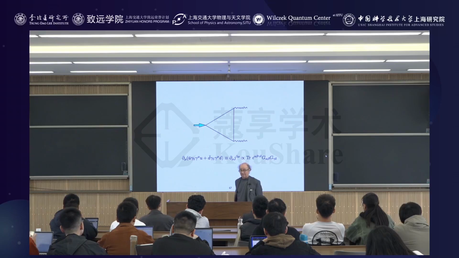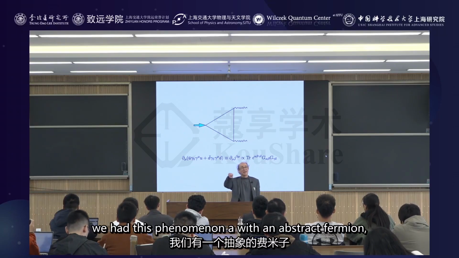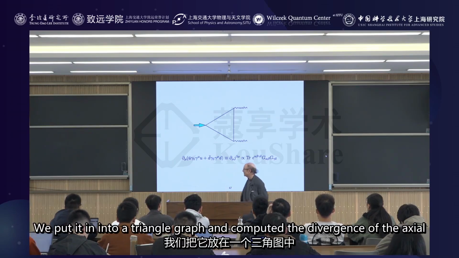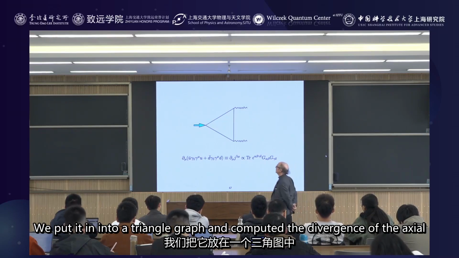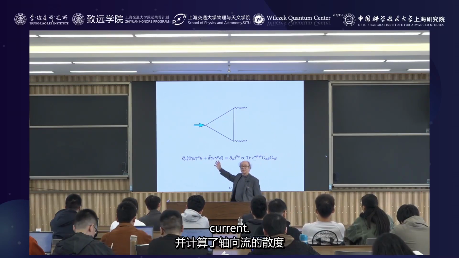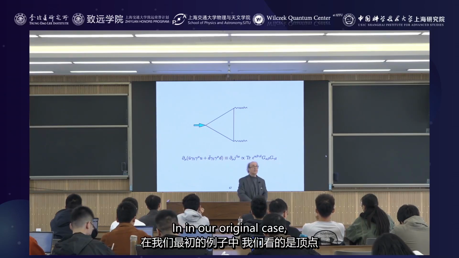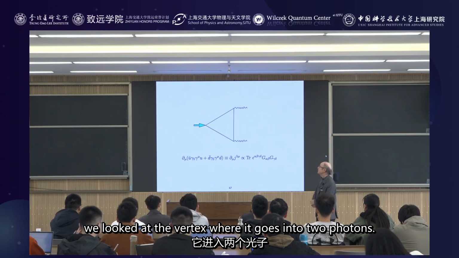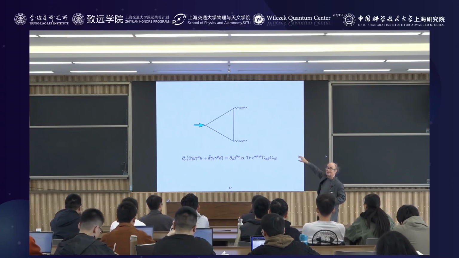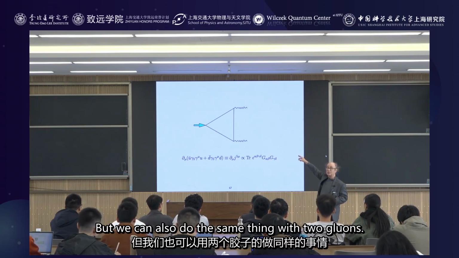And here, remember we had this phenomenon with an abstract massless fermion. We put it into a triangle graph and computed the divergence of the axial current. In our original case, we looked at the vertex where it goes into 2 photons, but we can also do the same thing with 2 gluons.